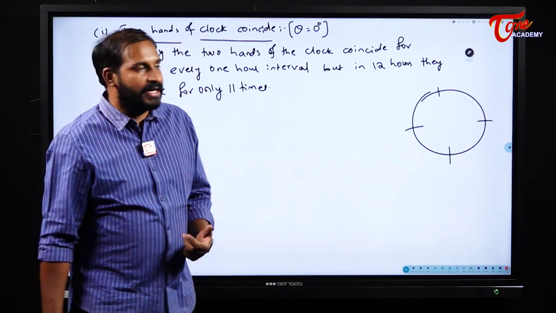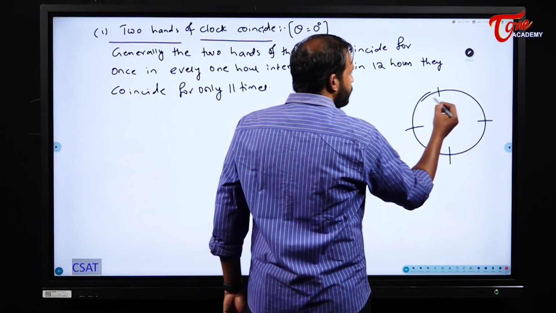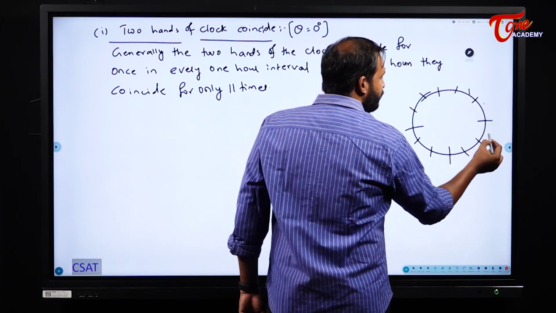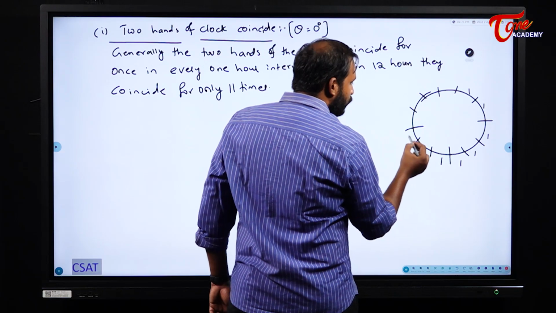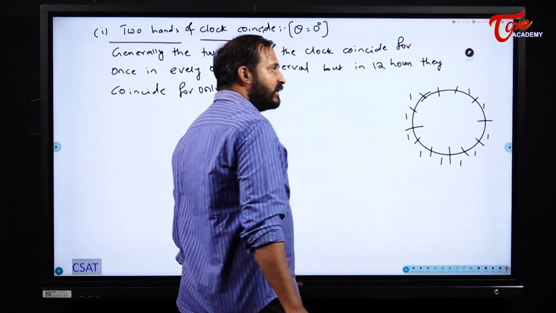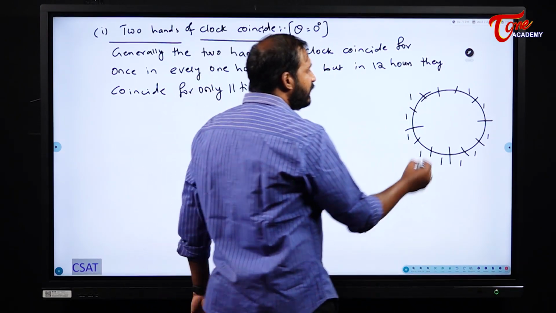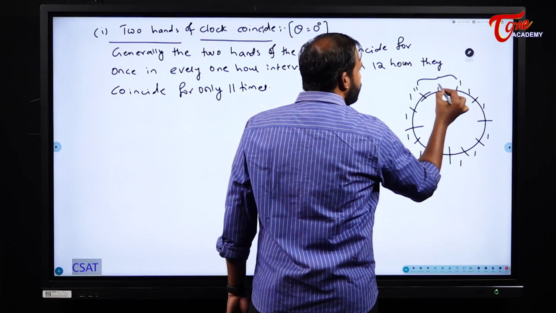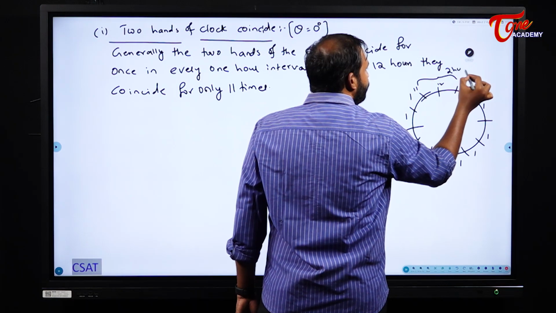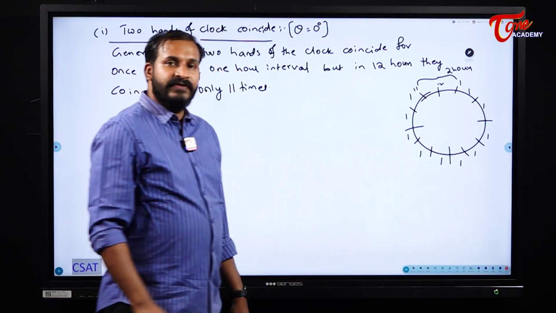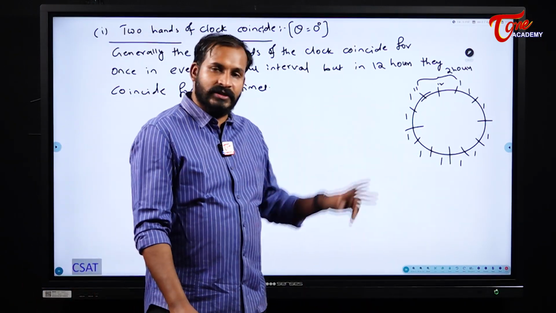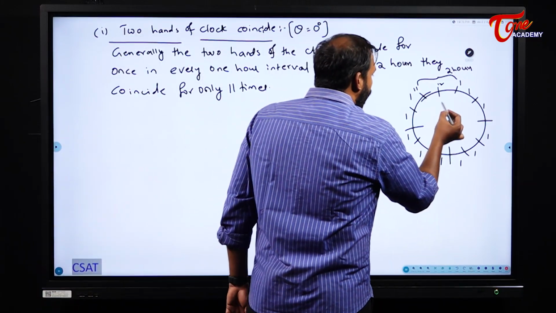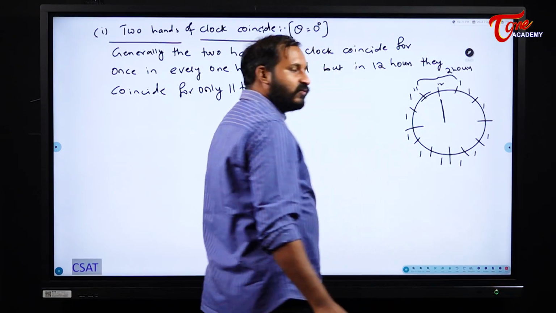What is the reason behind that? Please observe here, students. Between every 1 hour they will coincide once. There is no doubt in that. Coinciding means coming one over the other. But between 11 o'clock and 1 o'clock, what is the time difference we have here? 2 hours, right? So usually this phenomenon should occur twice in these 2 hours also. But we will have a common coinciding point exactly at 12 o'clock.